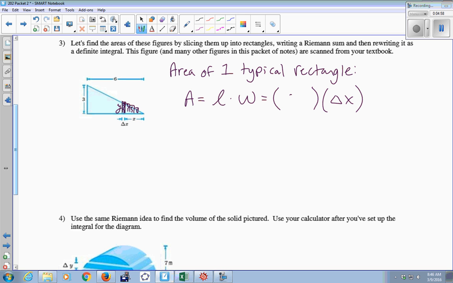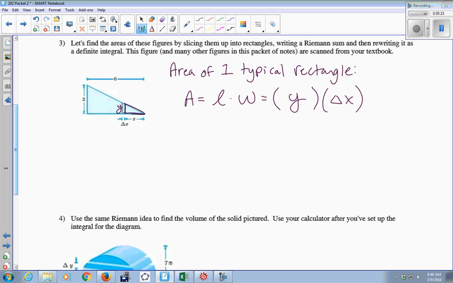So let's just call it y for now. But this is a single variable calculus class. We hate it when there's more than one letter. So I would like to write y in terms of x somehow so that I don't have two letters, right? So if I call this y, this is x, remember?